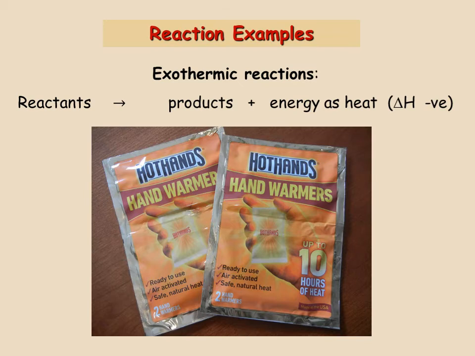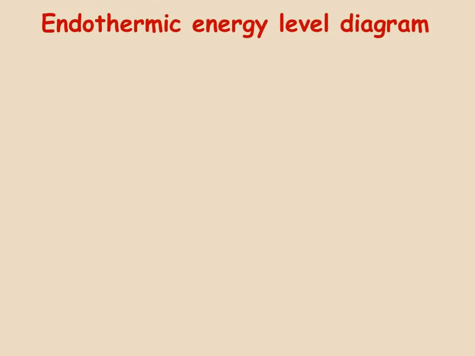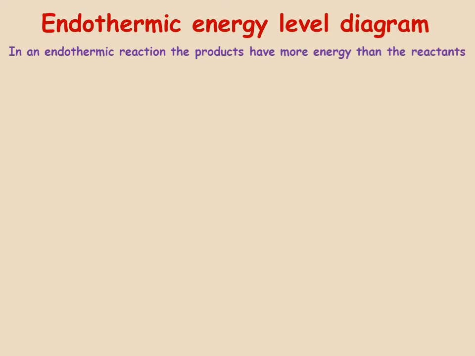Now let's look at the endothermic energy level diagram. In exothermic reactions you have seen that products are below reactants, but here what happens? In an endothermic reaction, the products have more energy than the reactants. That means products are above the reactants because they have more energy.